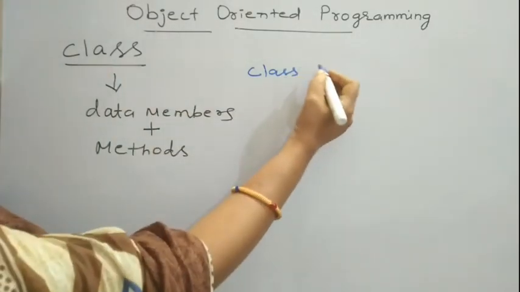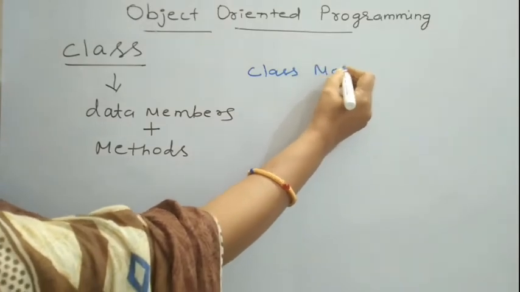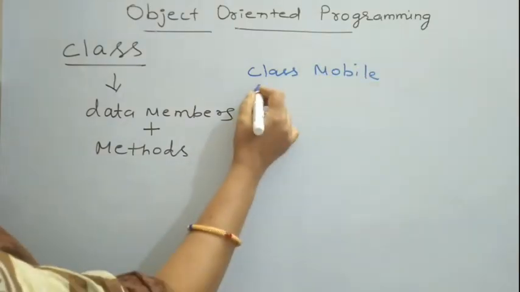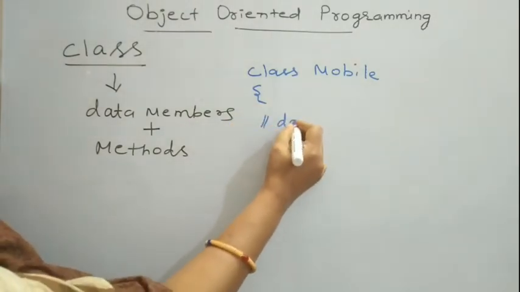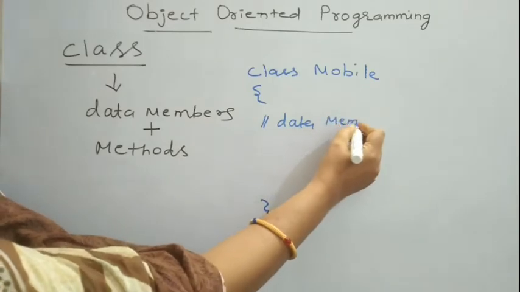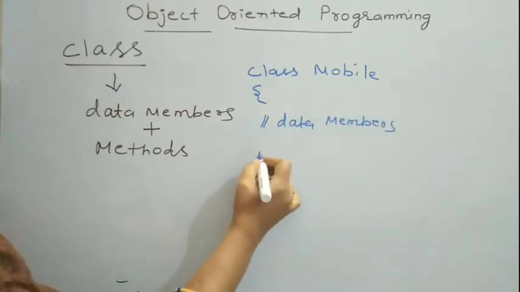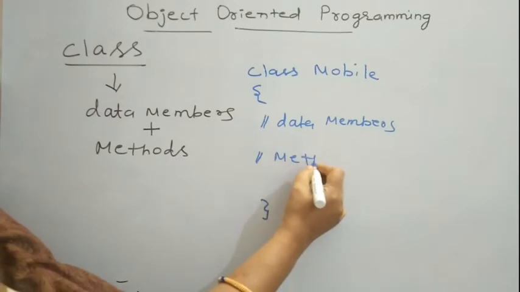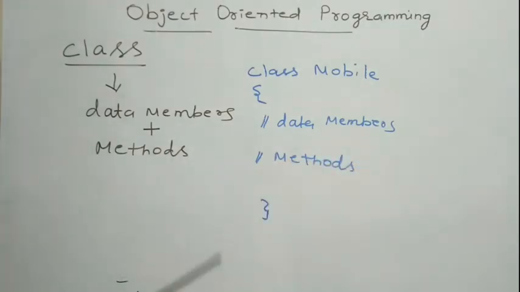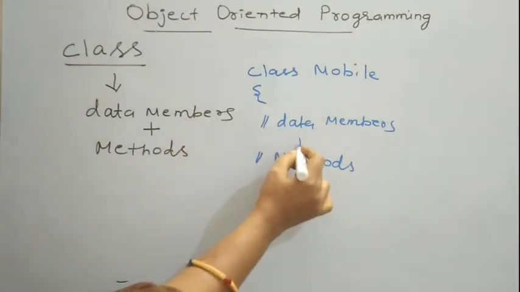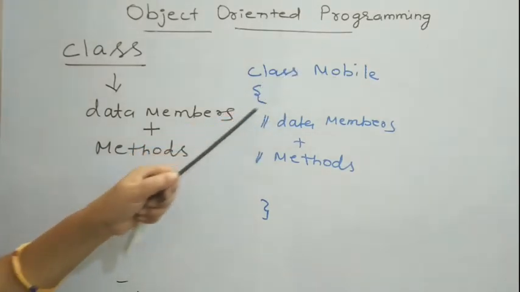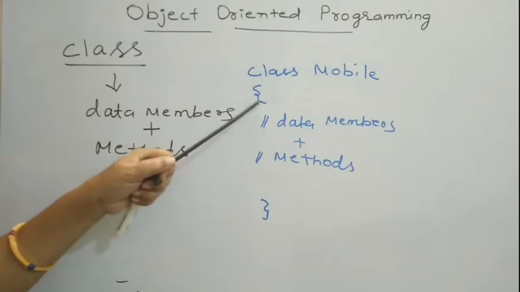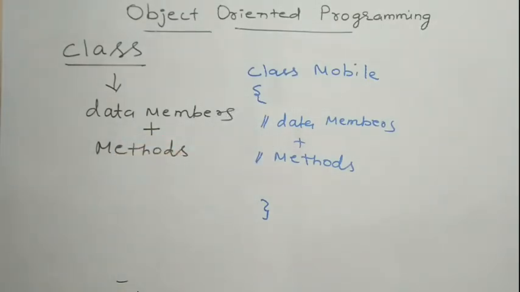For example, if mobile is the name of my class, it is class mobile. Within the curly braces we can write definitions for data members, which are its properties, and methods of this class. Data members and methods are combined together inside the curly braces.